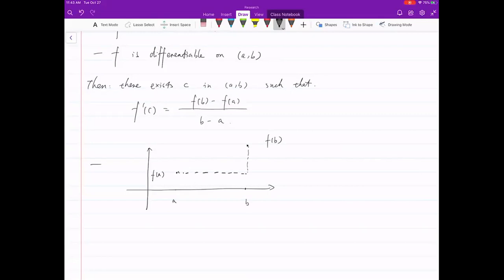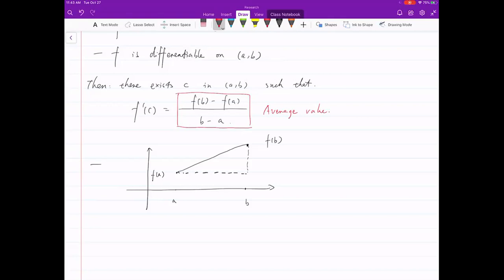And then you know that is nothing but just the slope of this line here. Usually we call this the average value. For example, the average velocity is going to be the ending minus starting divided by the time interval. Sounds good? That's the average.